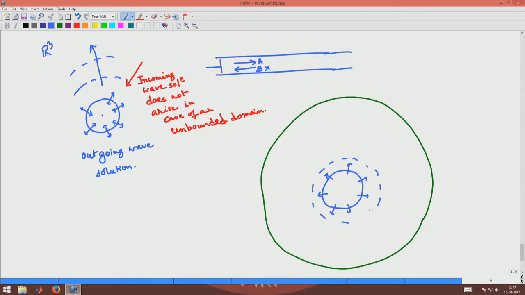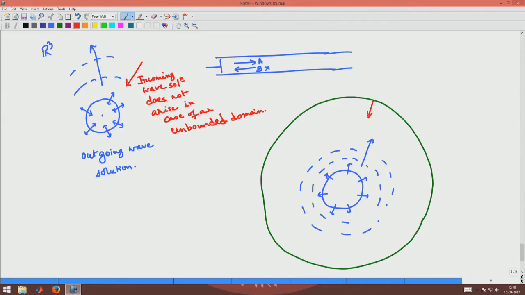Initially there will be only outgoing waves. These blue waves will travel radially outwards, and at a certain instant they will meet the boundary denoted by this green line, and once it hits the boundary the incoming waves will start.